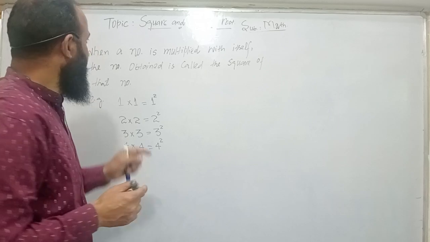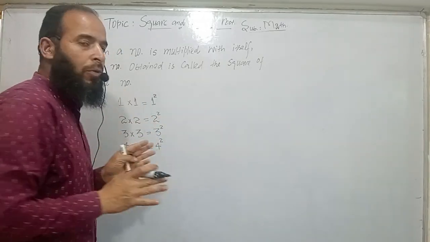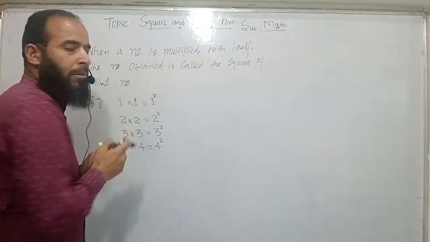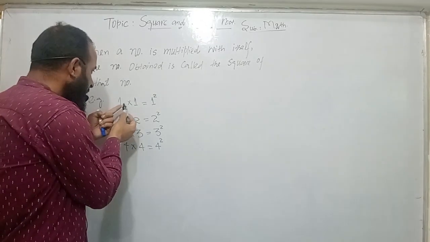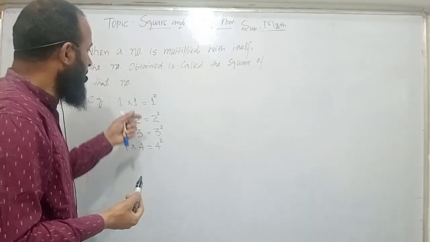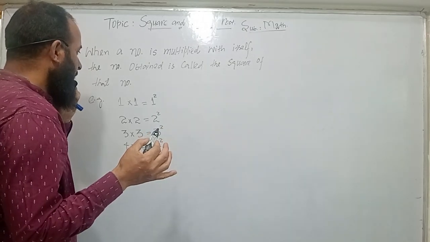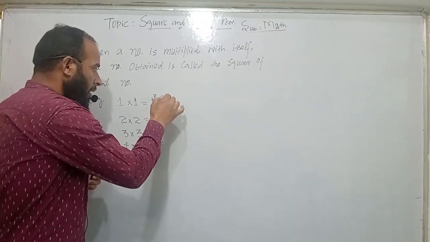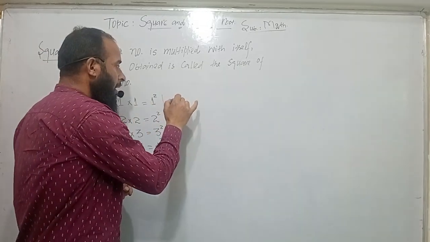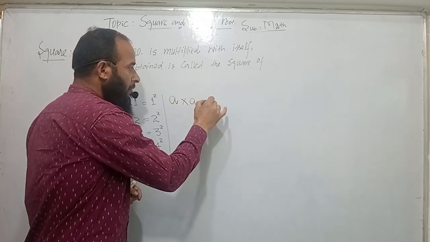So, what I said, when a number is multiplied with itself, the number obtained is called the square of that number. When a number is multiplied with itself, तो जो number हमें मिलेगा, that is called the square of that number. अब instead of this one, if I take a into a, what is that?